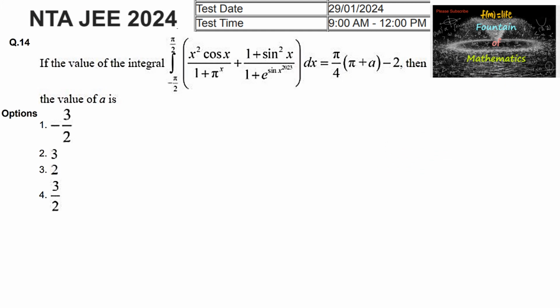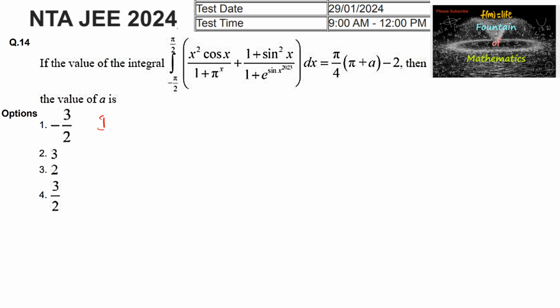If the value of the integral from minus pi by 2 to plus pi by 2 of x square cos x upon 1 plus pi to the power of x, plus (1 plus sin square x) upon (1 plus e to the power sin x) to the power of 2023, dx is equal to pi by 4 times of (pi plus a) minus 2, then the value of a is.